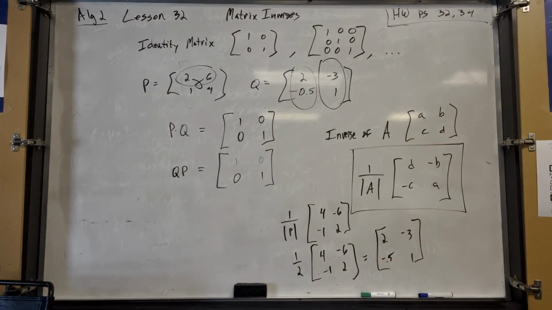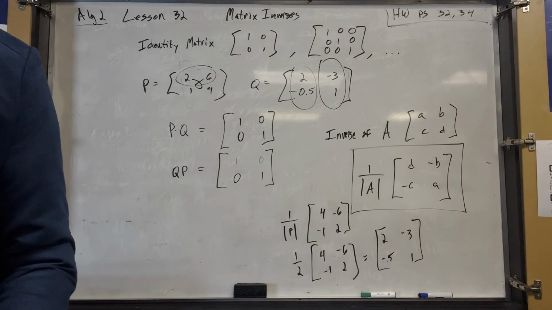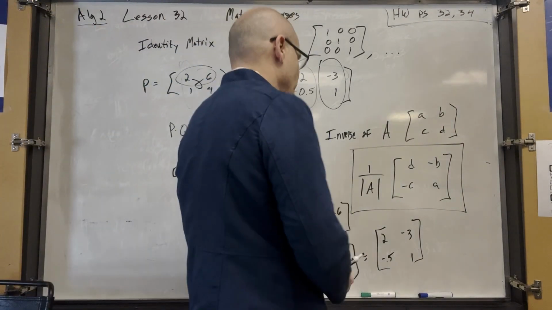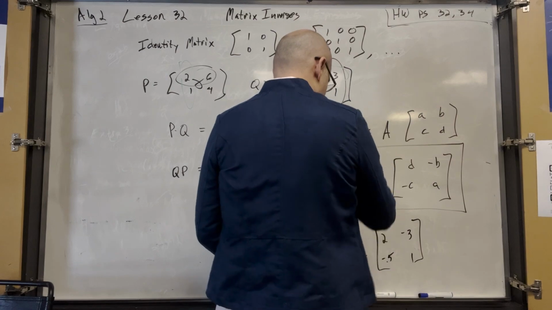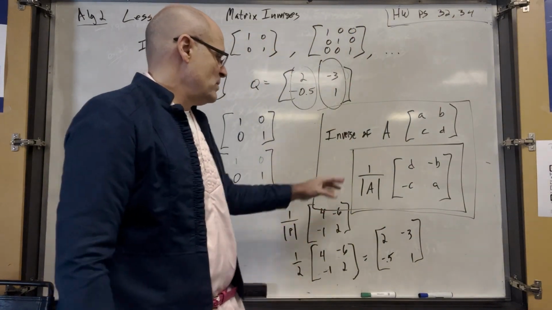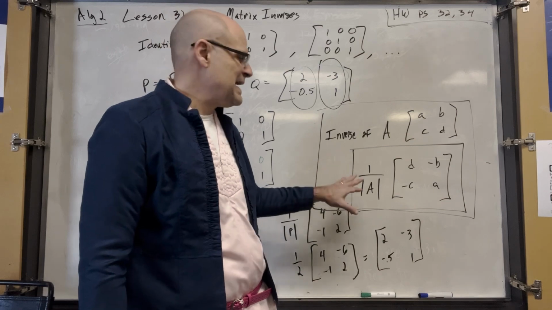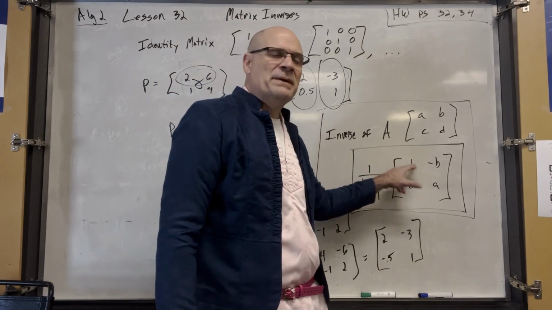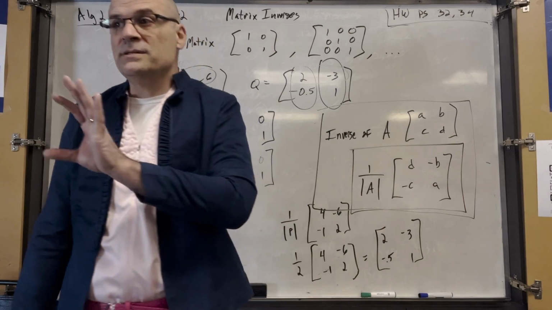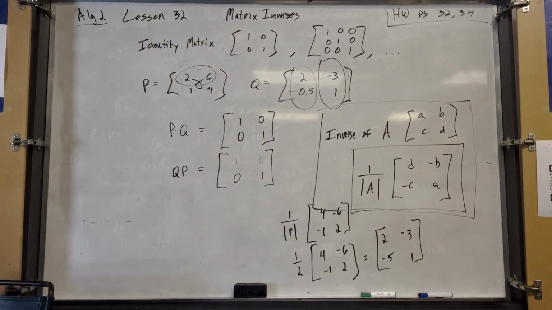This will be on your next test. Maybe not your next test, maybe the one after. But you need to write this down. And you can use this if you want. The inverse of A, which is A, B, C, D, is 1 over the determinant of A times swap A and D and negate B and C. But don't swap B and C, and don't negate A and D.